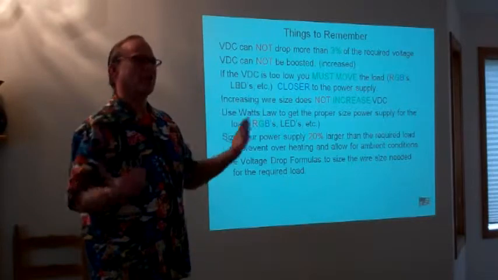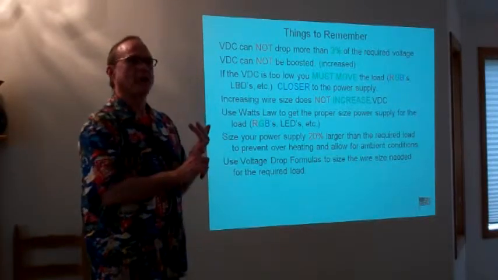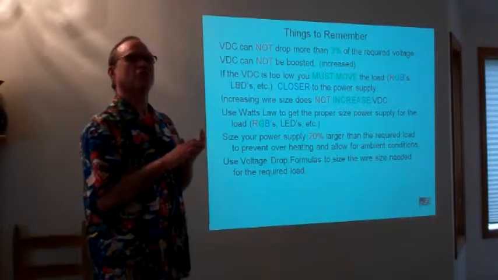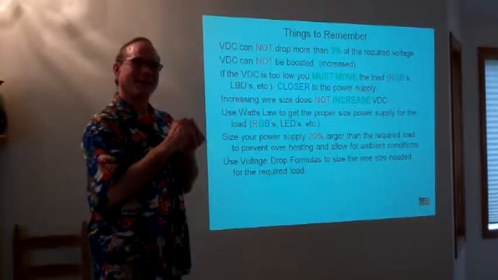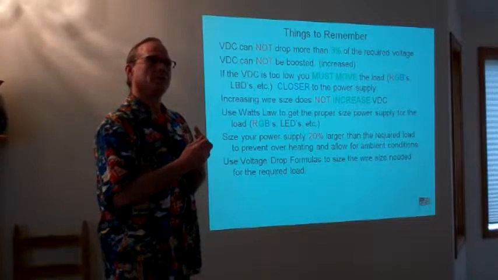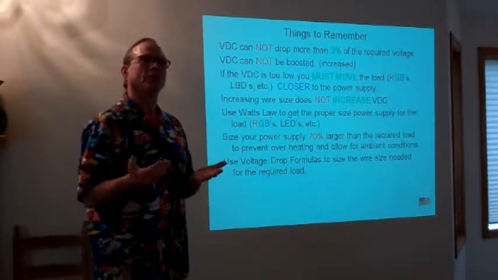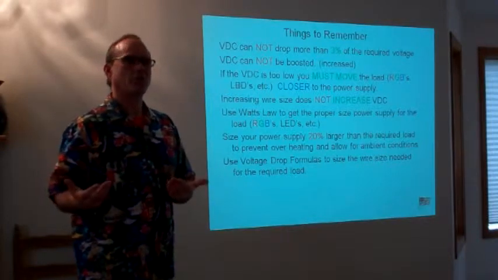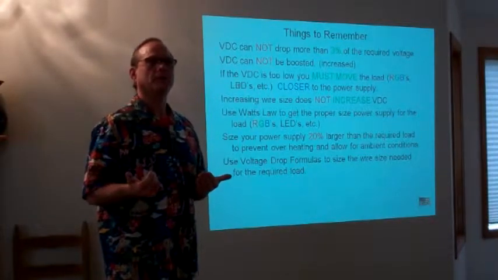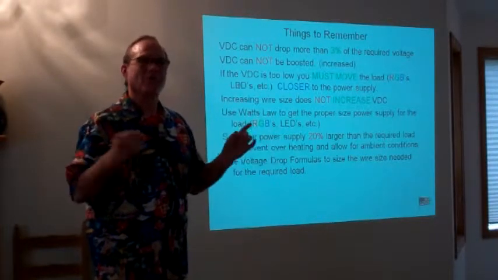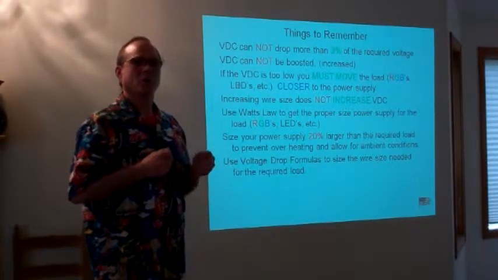Well, that means I've got to make up for that voltage drop of 1 volt, plus I've got to take into consideration the 12 volts. So I need a 2 volt increase there. So in my case, instead of having a 12 volt supply at this point, I would want something around a 14 volt power supply. And you really wouldn't have to have a rheostat there because the wire itself would provide the reduction of the voltage for you.